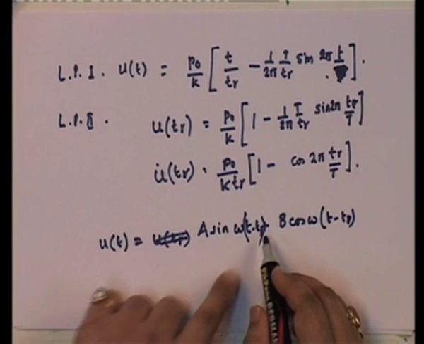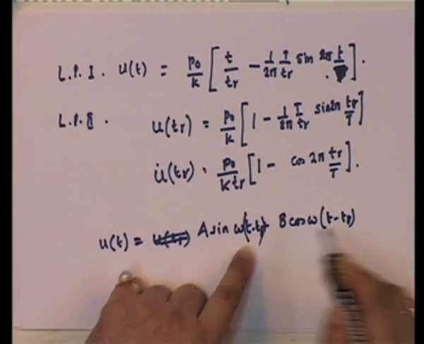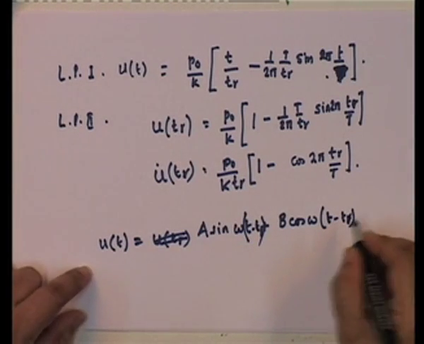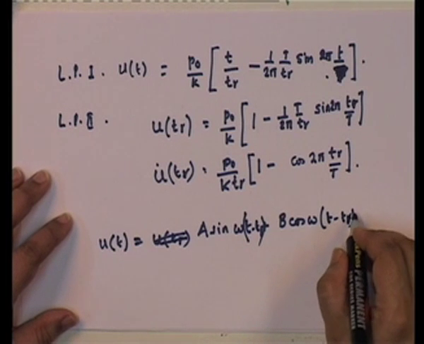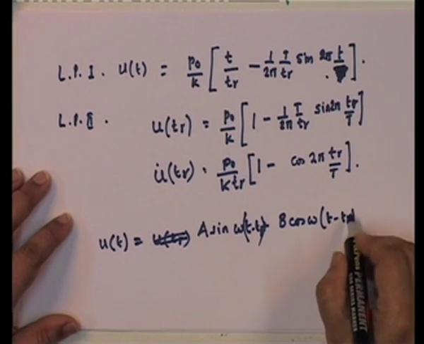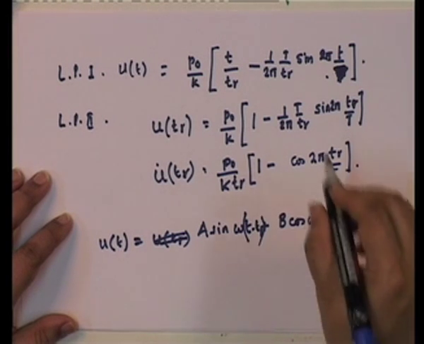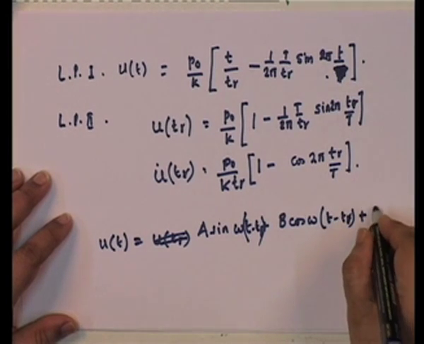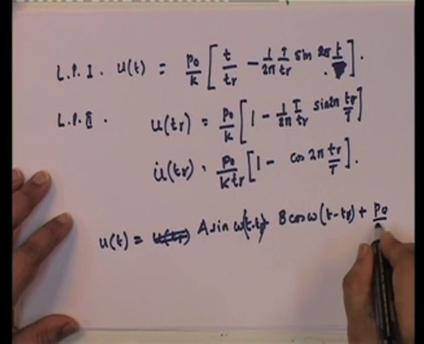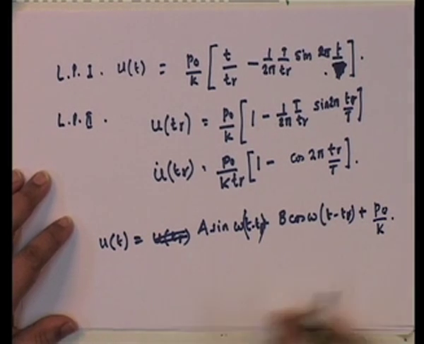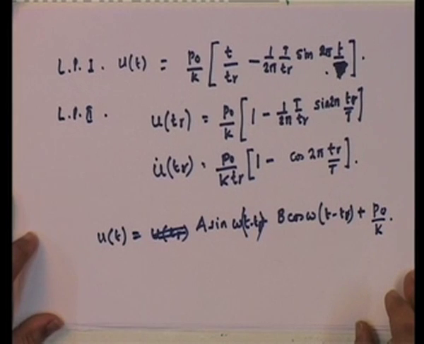The reason why I am taking t minus t_r is because then t_r will become 0, right. Okay, so, that is all I am doing really. So, A cosine t_r, and then plus p_0 upon k, u of t. Okay. So, this is the solution.